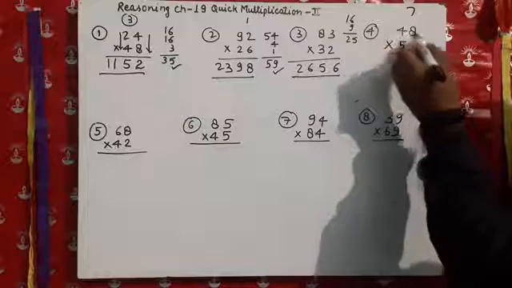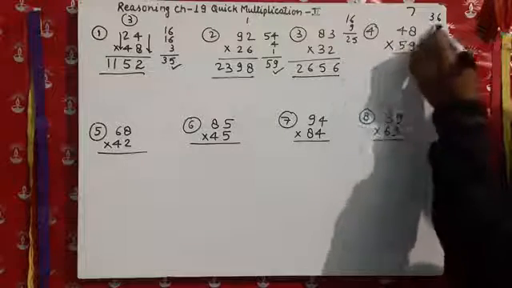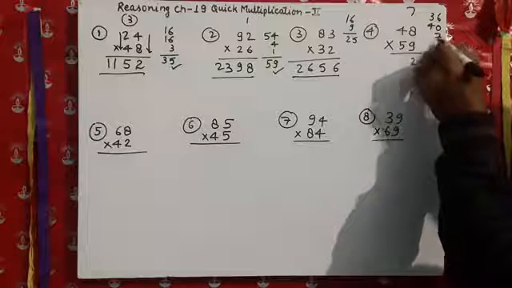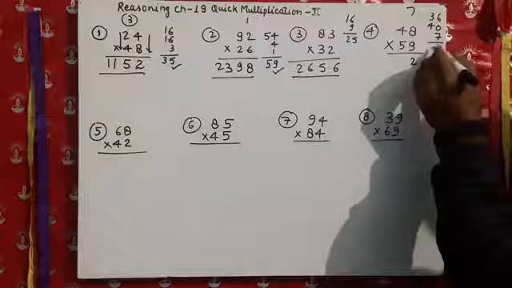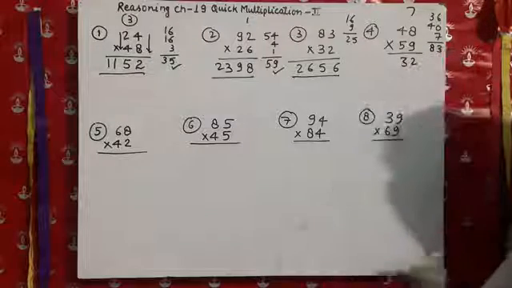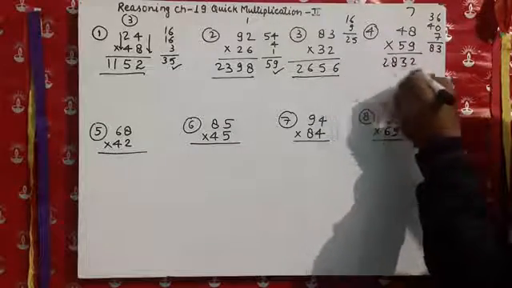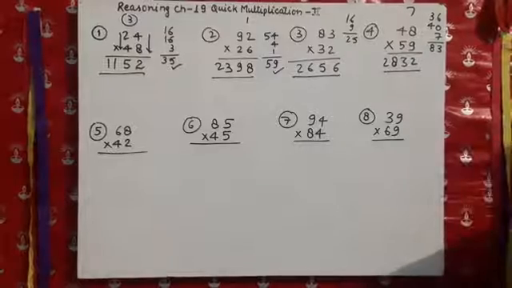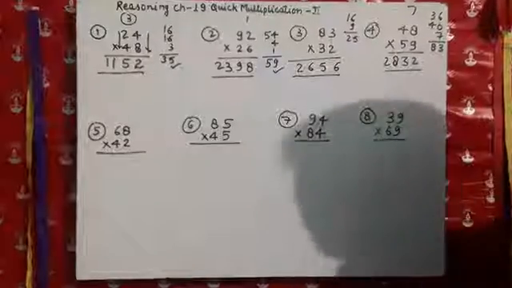Now 9 fours are 36, 8 fives are 40, and this 7. This becomes 83, 3 is here. Now 8 carry over. 5 fours are 20, 20 plus 8 becomes 28. So the answer will be 2832.